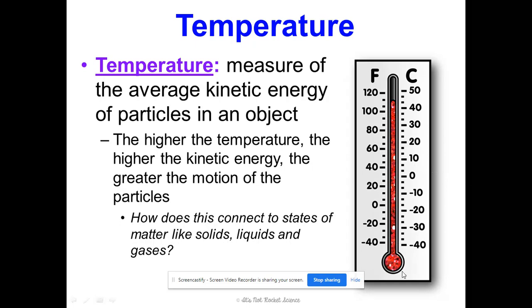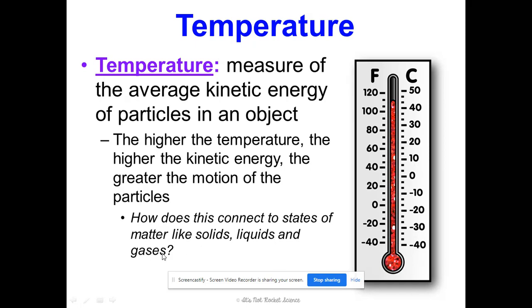So you don't have to do this, but how does this connect to states of matter? So solids, liquids, and gases. So it seems to us like if you heat up a solid, you are going to get some more movement. If you heat up a liquid like water, you are going to get more movement that you can actually kind of see. A solid will begin to melt. A liquid will begin to turn into a gas.